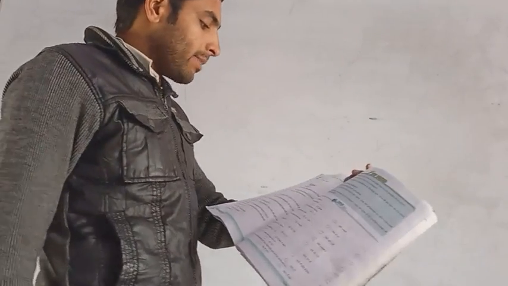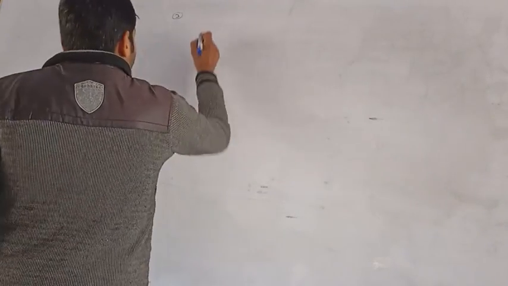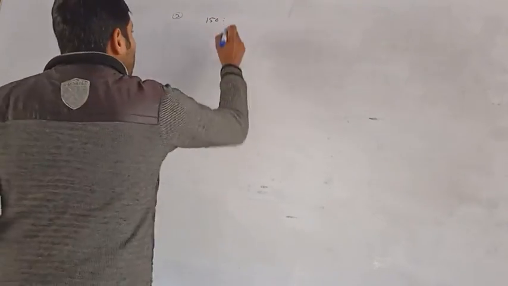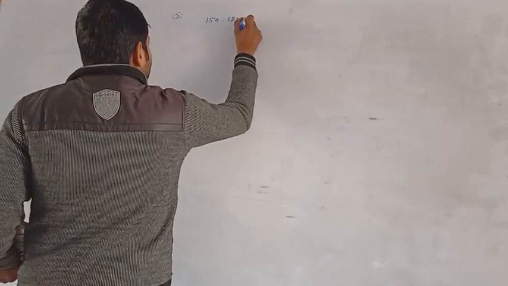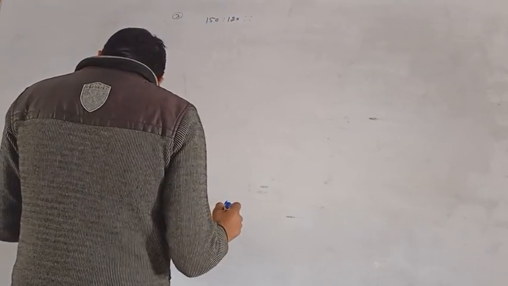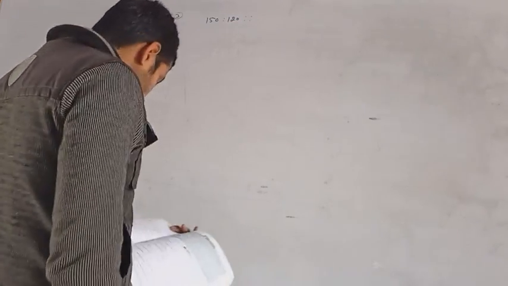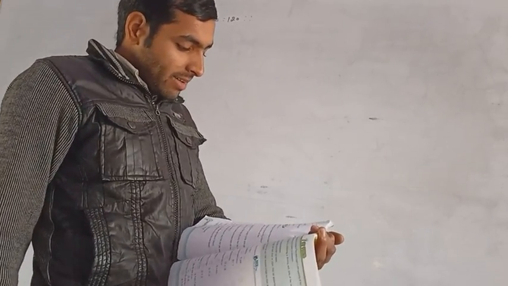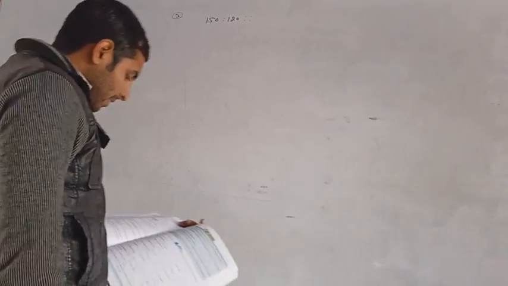How many cakes can be made from 48 gram of butter? So 150 ratio 120 proportion. Suppose x cakes can be made from 48 gram of butter.